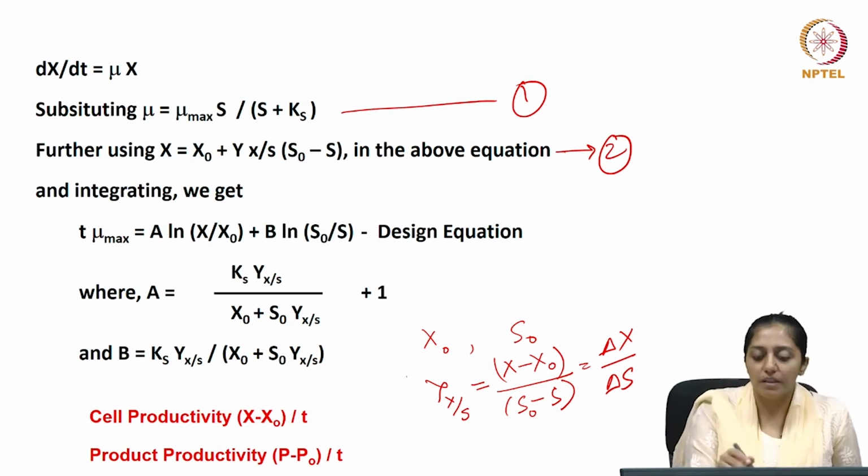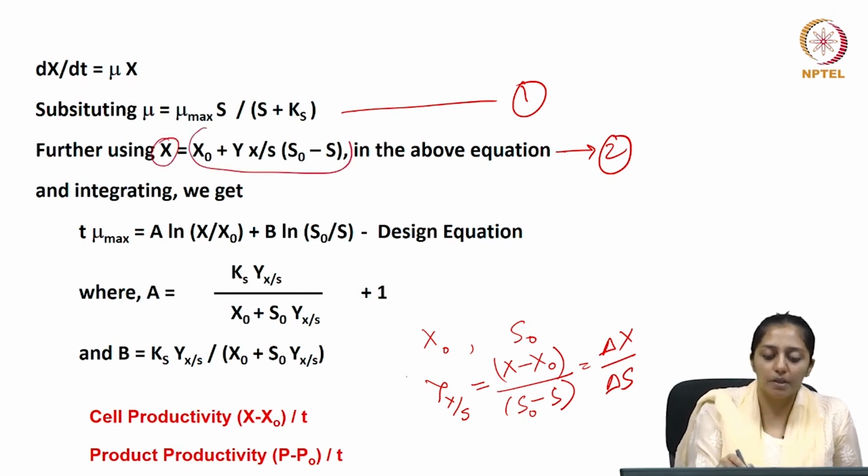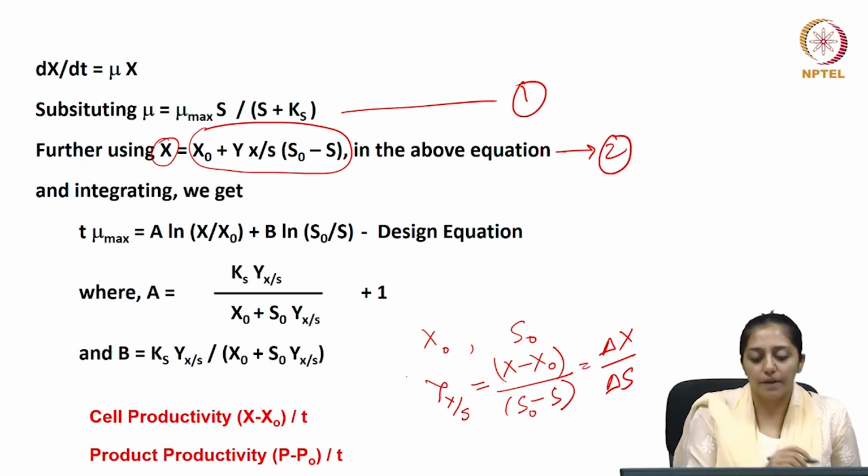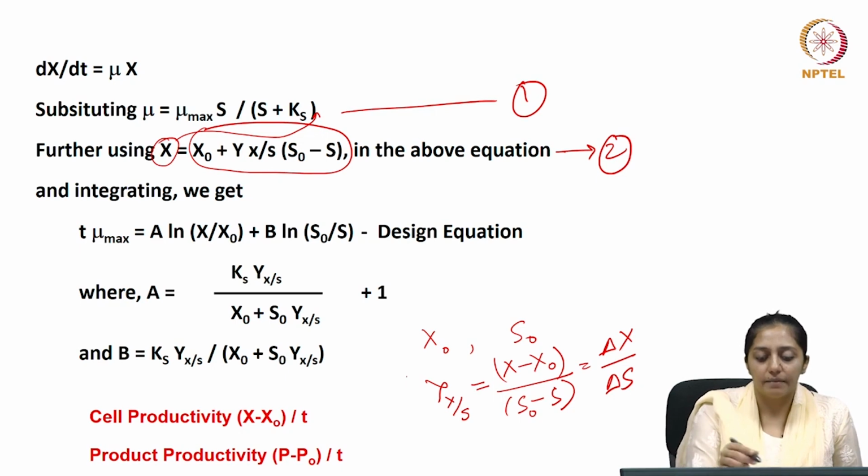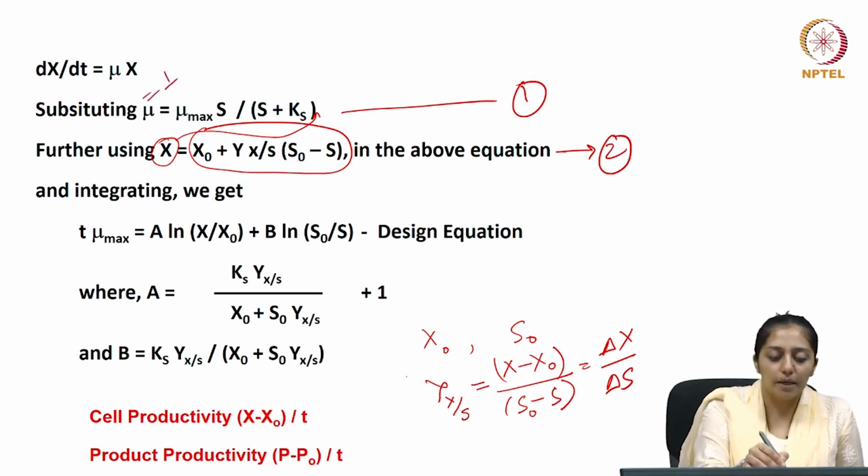So, now using these two equations, where mu can be substituted as 1 by x dx by dt, if we integrate after substituting x, doing the rearrangement so as to bring this x variable in terms of S, and then substituting this x in terms of S in equation 1 and integrate, where mu is 1 by x dx by dt.